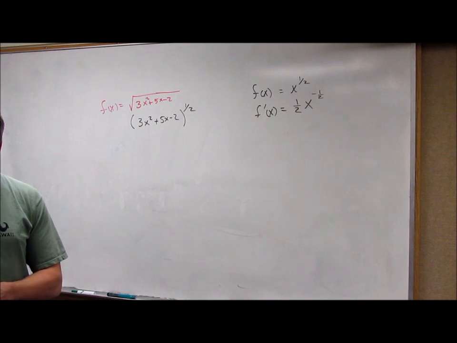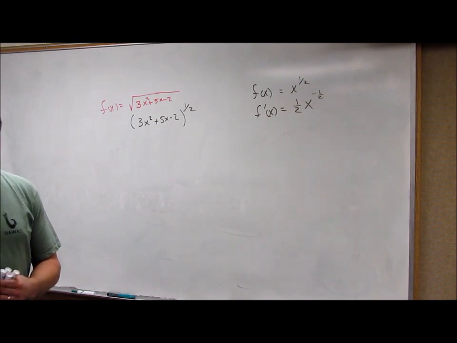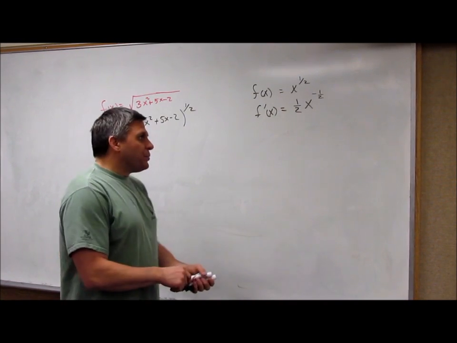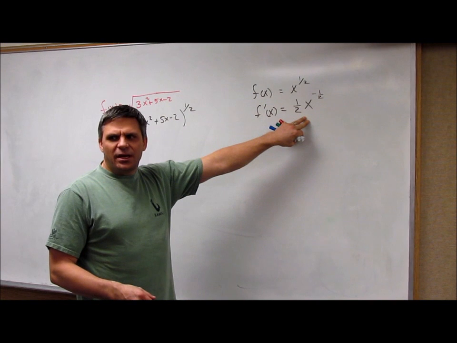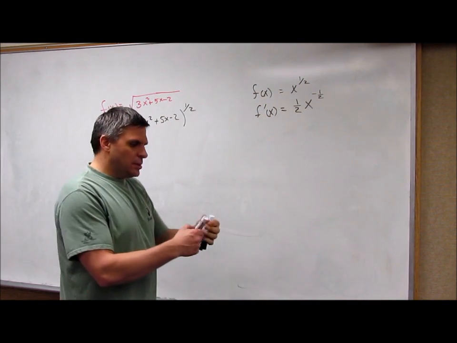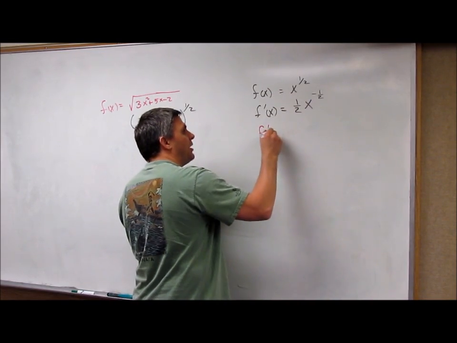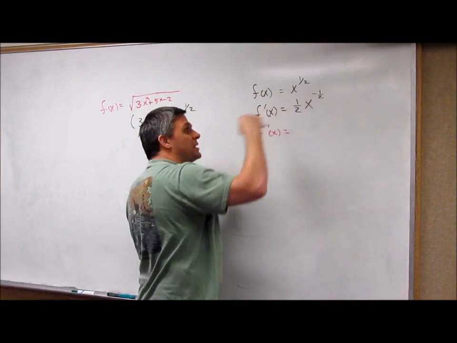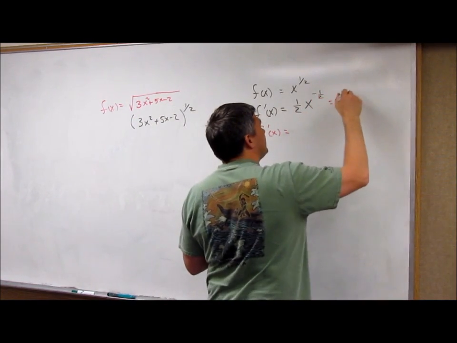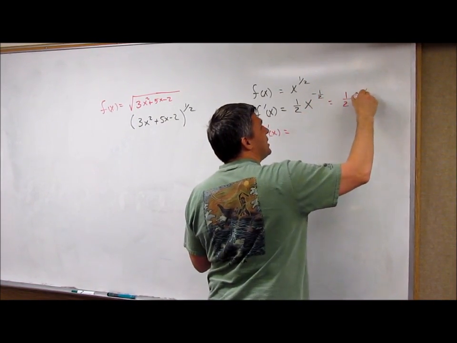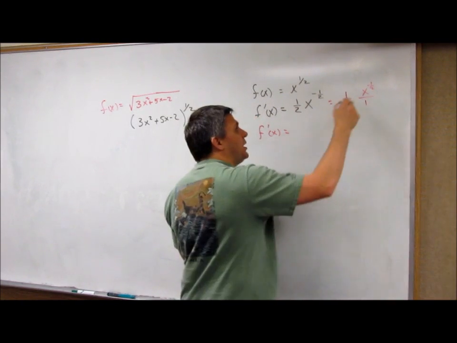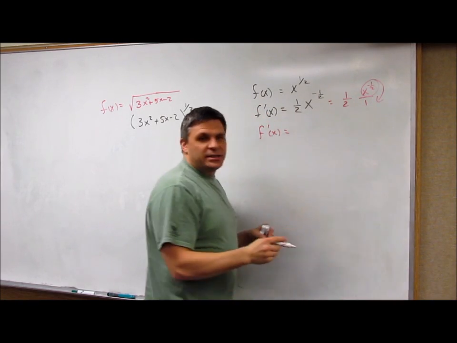Does that make sense? Negative 1/2? So the key here is, what does a negative exponent mean? It means you gotta divide. I got to put that in the bottom. What this really says is it's 1 over 2 times x to the negative 1/2 over 1, but then to change this to a positive, you got to take it down below.